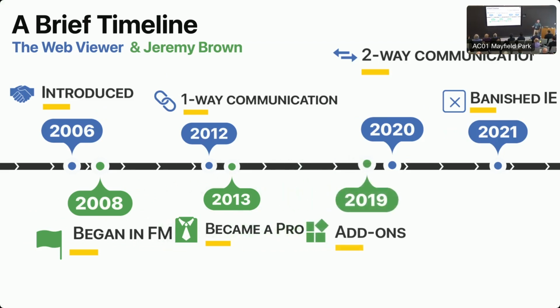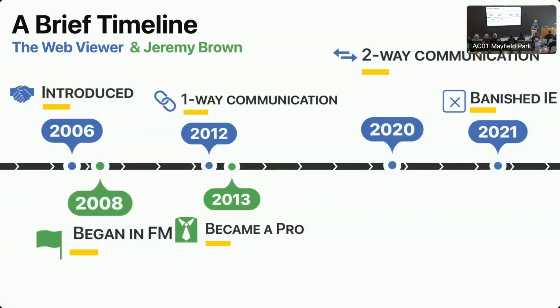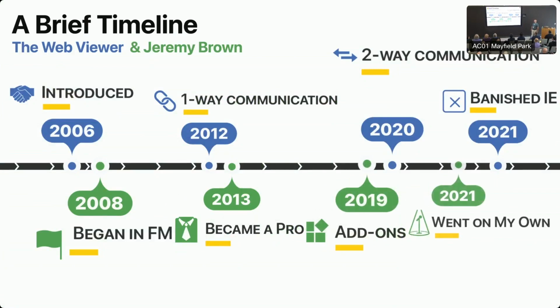In 2019, I was part of the group that got to write the add-ons that were part of the FileMaker 19 platform. It gave me a chance to understand more about the WebViewer and how JavaScript works. So that was a good opportunity. And then at the end of 2021, I went on my own and became my own business, Integrating Magic.